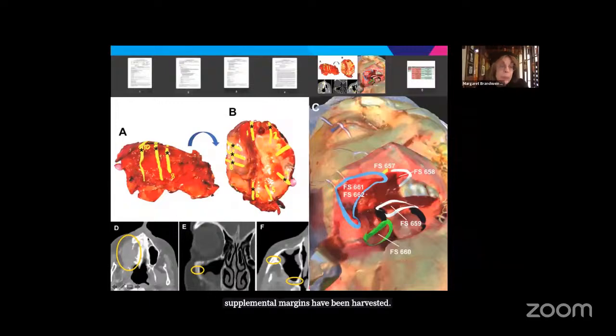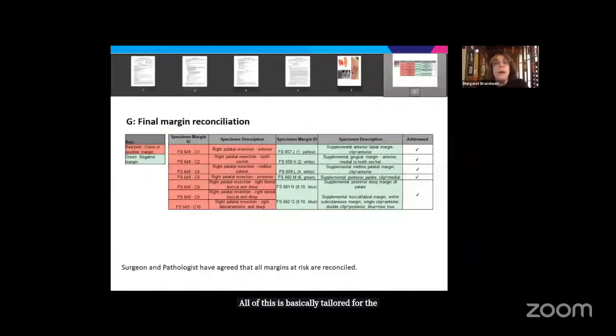Here, in addition, the surgeon selects immediate post-op radiographs, which show exactly what the extent is of the resection specimen. All of this is tailored for the radiation oncologist in mind.